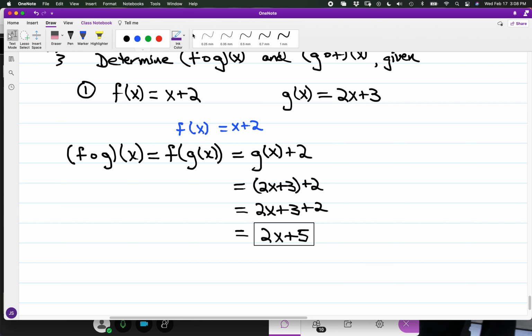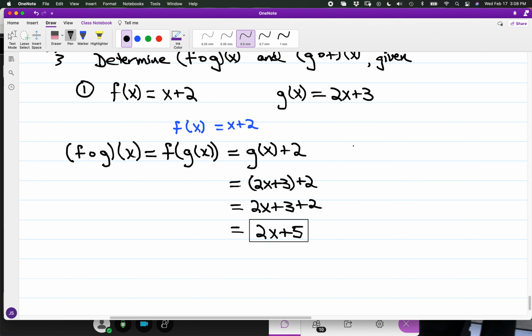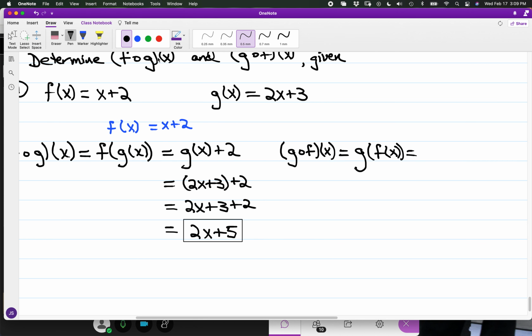And if I take the reverse order, we have g composed with f of x. So now I have g of f of x. And just for the backdrop here, the output function is g.